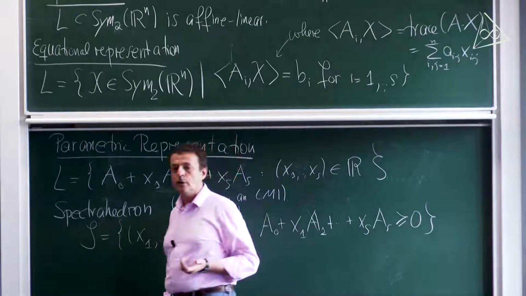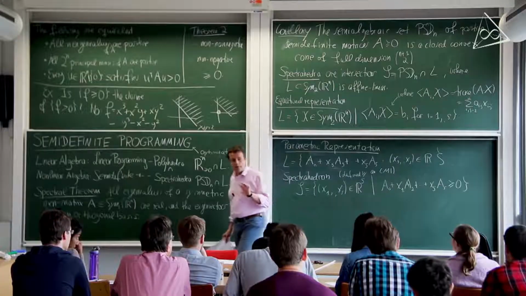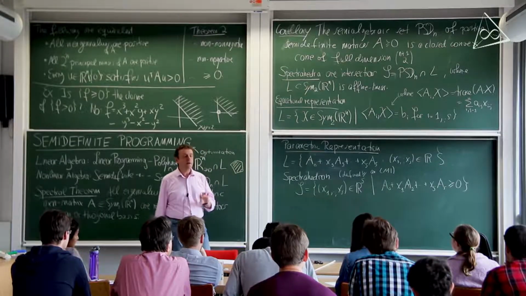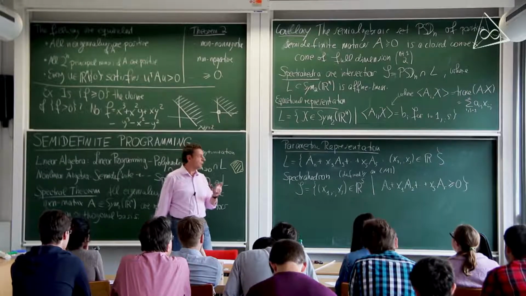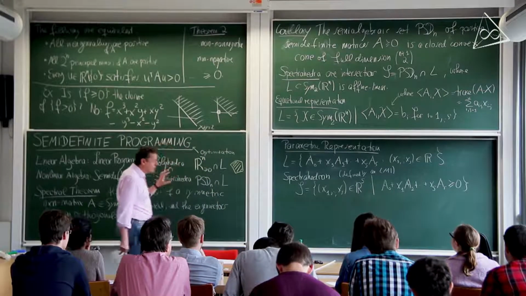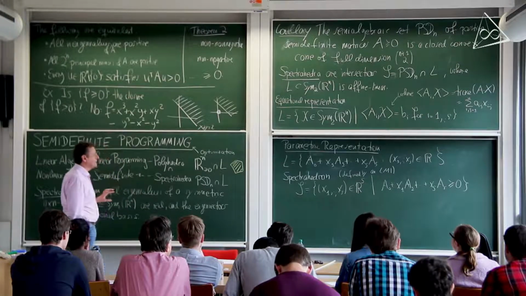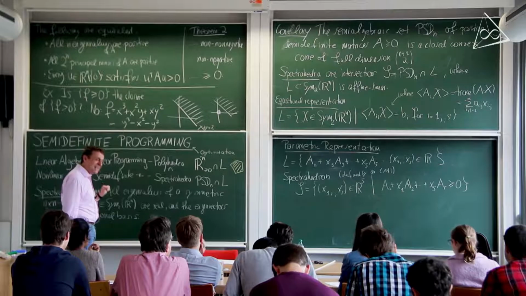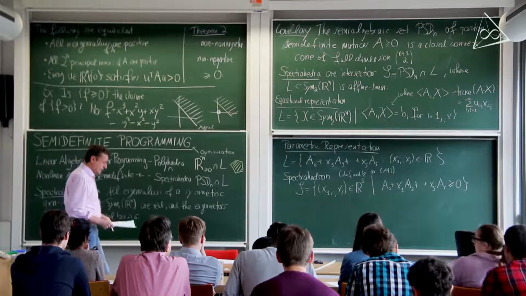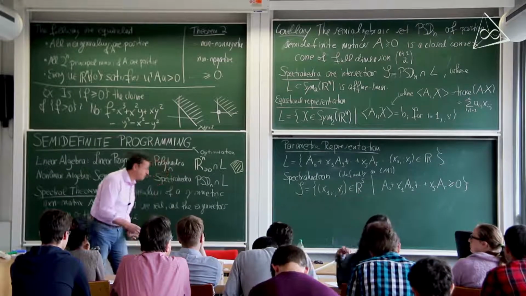An inequality for numbers says some number is non-negative, and for matrices or self-adjoint operators, it just says the matrix is positive semi-definite. And linear, because the matrix depends linearly on the parameters x1 up to xs.